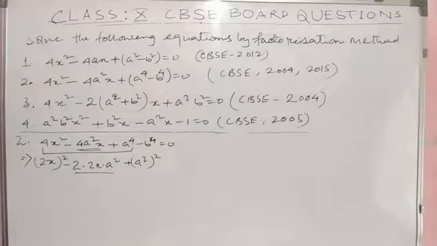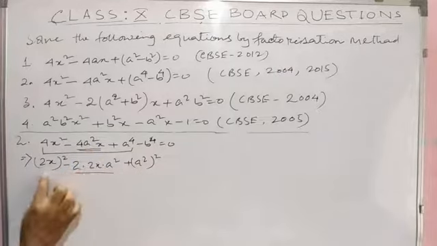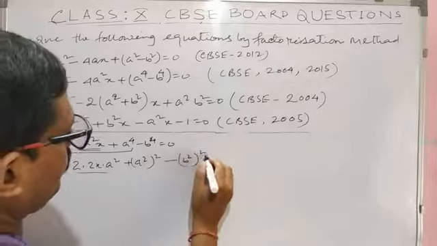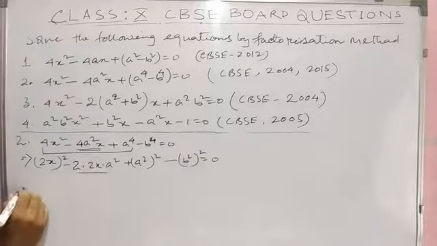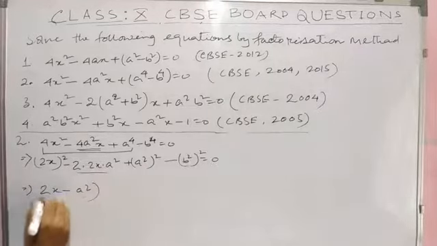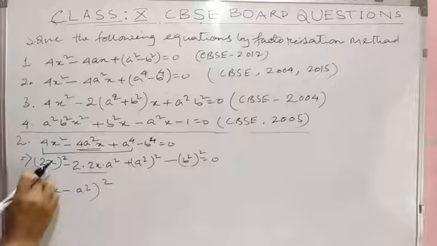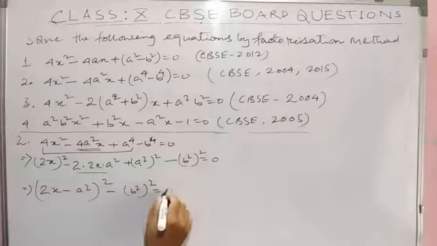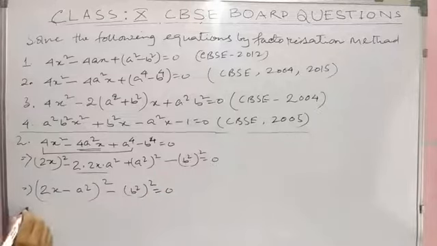So here is what we got. This and this same, this and this same, this and this same. Together it is the formula (a − b)², and b⁴ I can write as (b²)². So this implies (2x − a²)², with (a − b)² and this one will be (b²)² equal to 0.